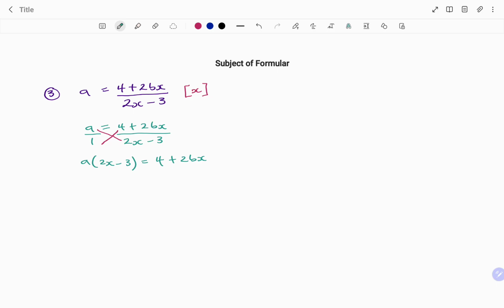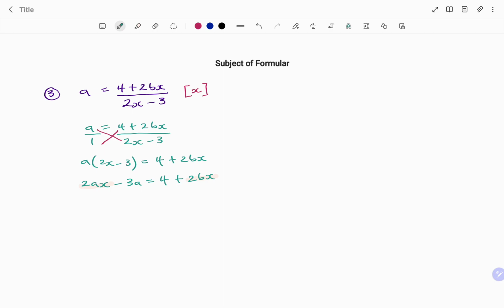The next step is to expand the bracket or simplify. I have 2ax minus 3a, the a multiplies all the terms in the bracket, equals 4 plus 2bx. Now, going to the next step, I'm going to group all the terms that have x and move them to one side.